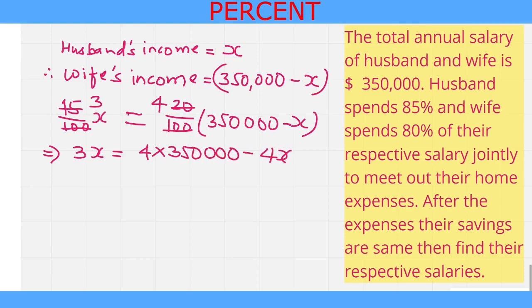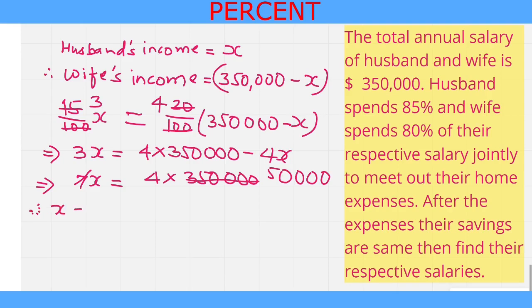On transferring 4x to the left hand side, we get 3 plus 4 equal to 7x equal to 4 multiplied by 350,000. 7 cancels 350,000 for 50,000 times. This gives x equal to 4 times 50,000, which is 200,000.